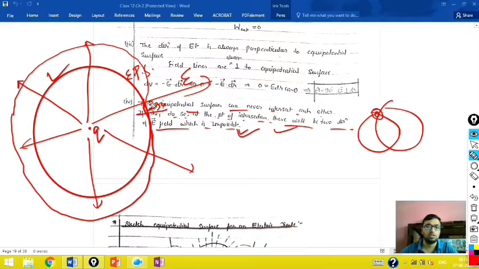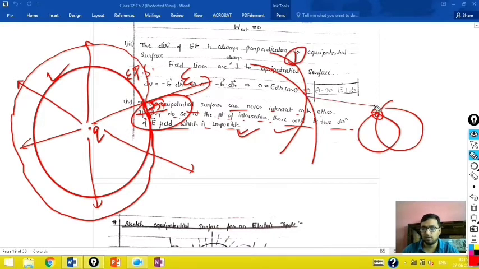Then suppose this is my point of intersection. At this point you can say your electric field will be like here. One equipotential surface is this one and the other is like this one. For the first one, the electric field line will be like this.